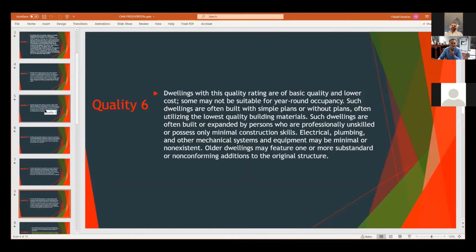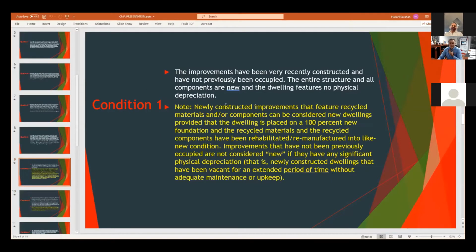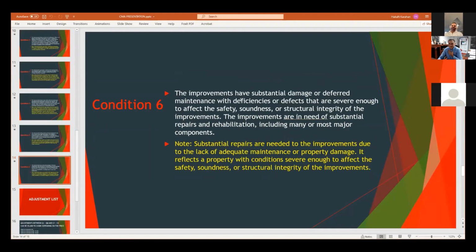So same thing with the conditions. Condition C1 is brand new construction, newly erected, and the property is in the best condition that it can be. So let's go to C6, and we'll understand this as we do the appraisal sample.